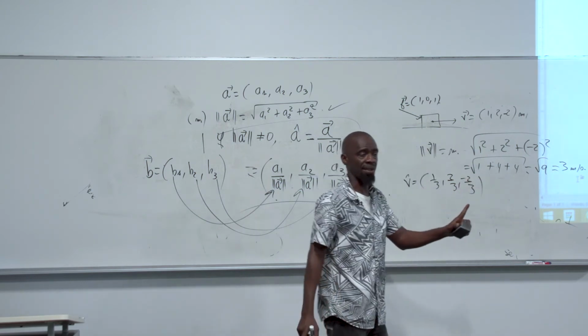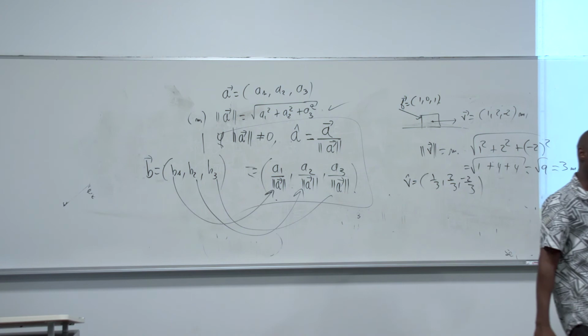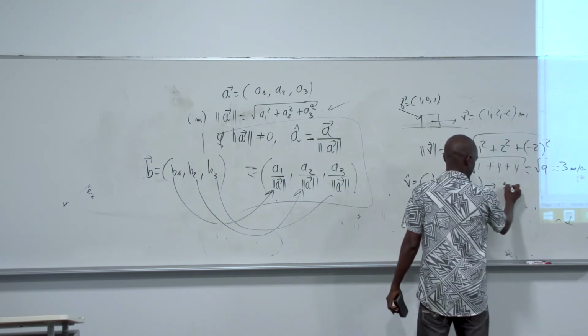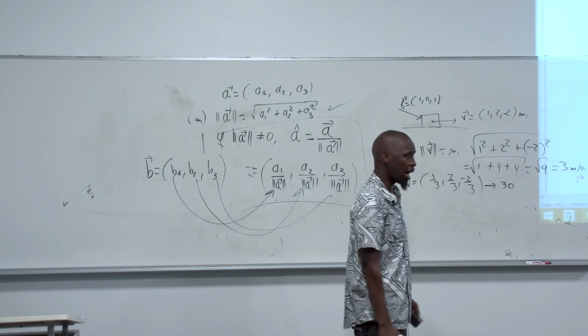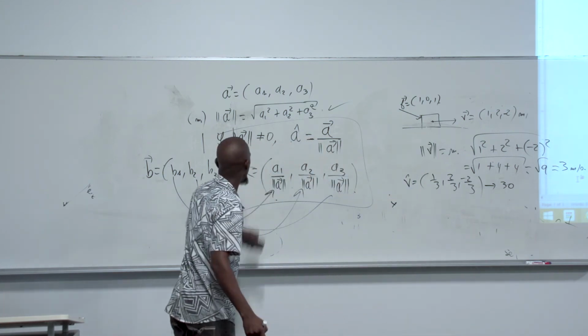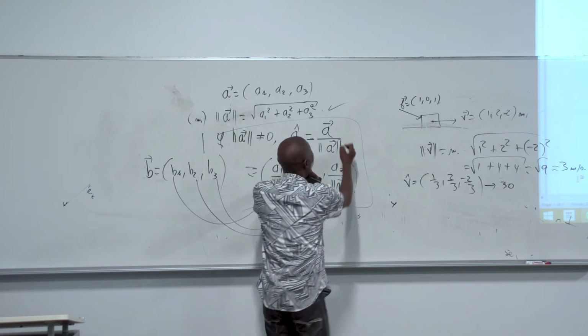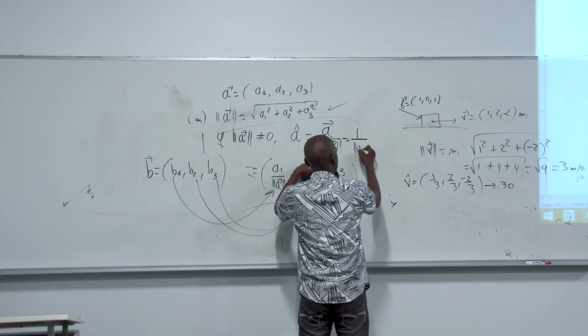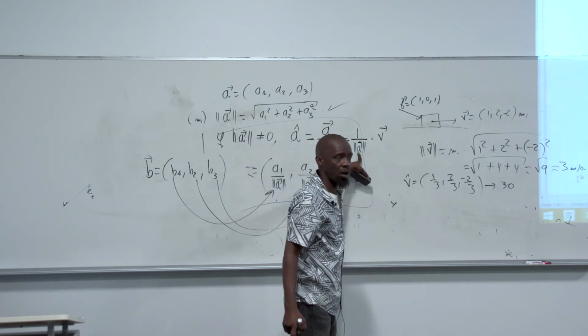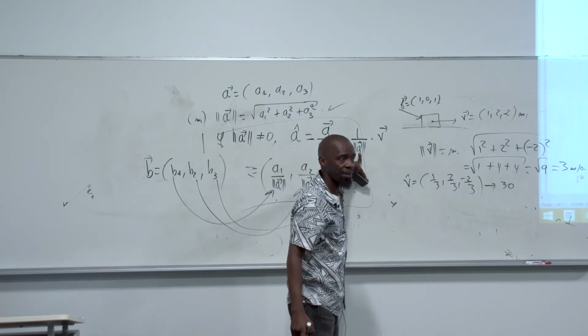If one division takes 10 multiplies, then in this case we have 3 divisions, that is 30 multiplications. Now, if you move here, based on the formula, this up here is the same as 1 over the length of V, times the vector, that is, take the inverse of the length.